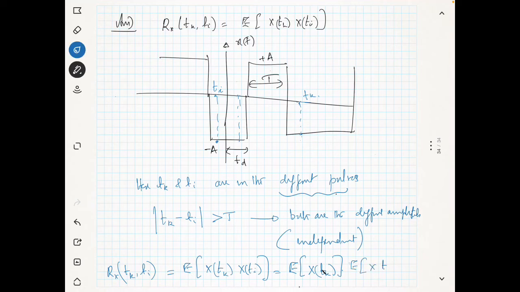Instead of taking the expectation of the product, you can take the product of the individual expectations. But we will have to see what is the expected value of x of t, the random process.